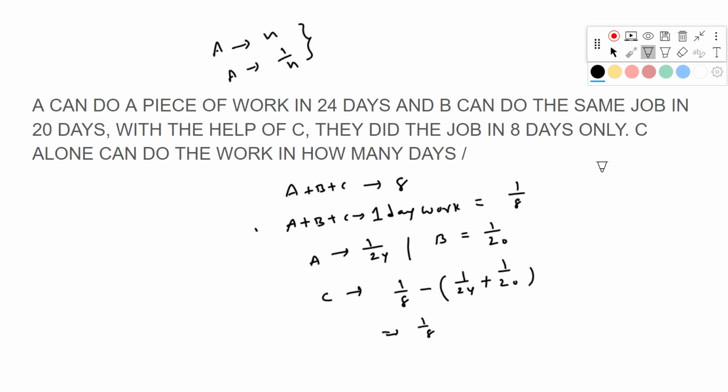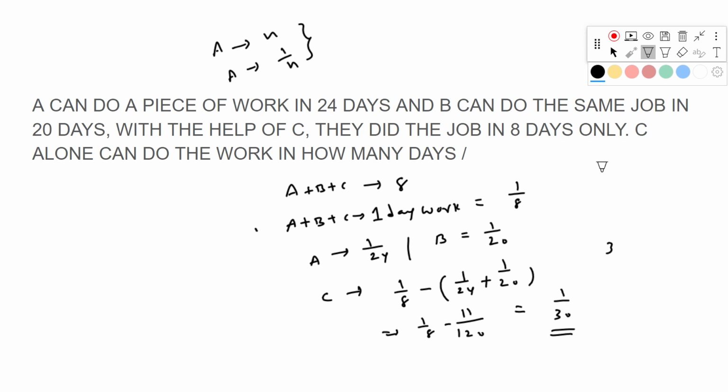then 1 by 8 minus, if I calculate this, then I will get 11 by 120, right? So C's 1 day's work I can get. If I calculate this, then I will get 1 by 30, right? If C's 1 day's work is 1 by 30, in how many days can C do the work?